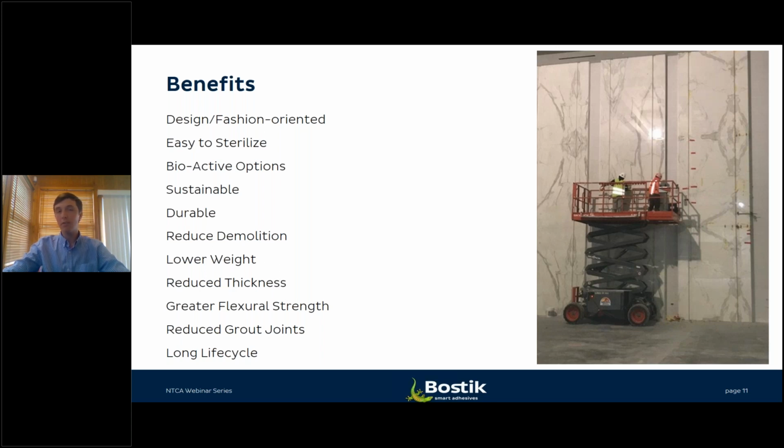There's also some bioactive options, and I call it bioactive. I think that's the generalized term for some of these technologies like the hydrotectin active that exists within the marketplace.